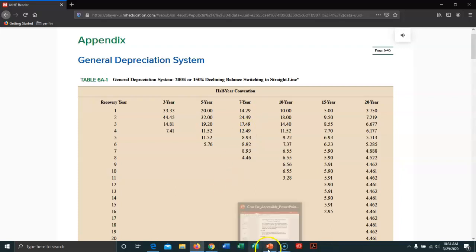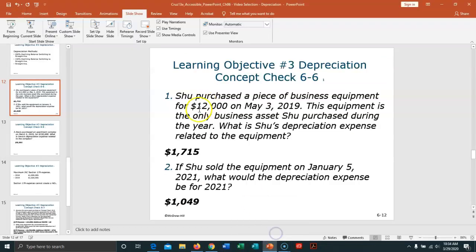And as we go back to my problem, we can see that that is in fact the correct answer, $1,715.